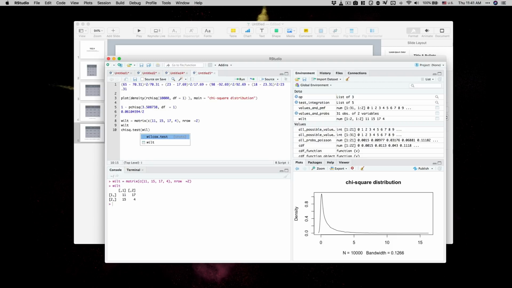We pass in our data here. Just one thing, we have to turn off the correct option, because the Yates continuity correction is not something we want. So let's turn this off, make it false. We can get the result. But in R, the chi-square test has only one option, being two-sided.